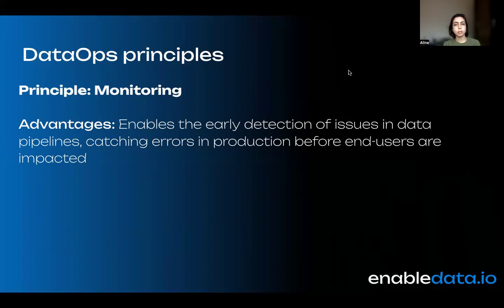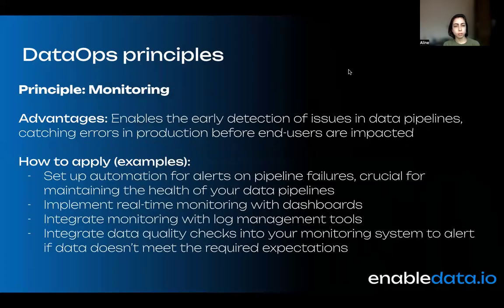You may have some monitoring to detect that. And so set up automation for alerts on pipeline failures, crucial for maintaining the health of your data pipelines. Implement real-time monitoring with dashboards that can be about your data itself or the logs for your data pipeline runs.